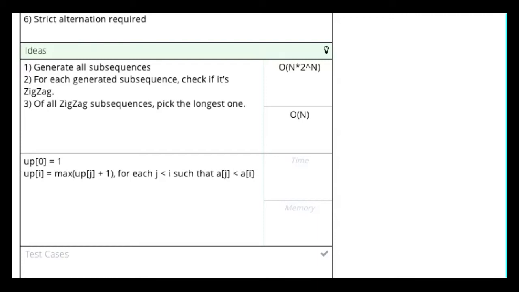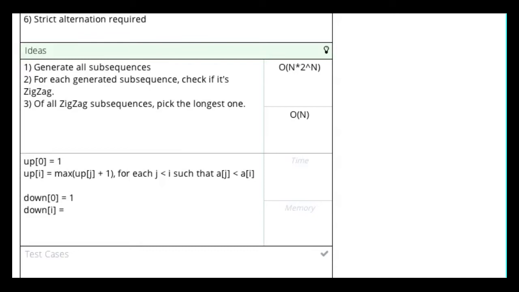So look at all the previous elements, look at all the subsequences ending there, and if ai is greater than aj, try to extend it and just pick the best of those. And similarly, we can define down i, right? Down 0 equals 1, down i to be the length of the longest decreasing subsequence ending at ai. So this is great. We broke down the problem into two simpler problems that we know how to solve.